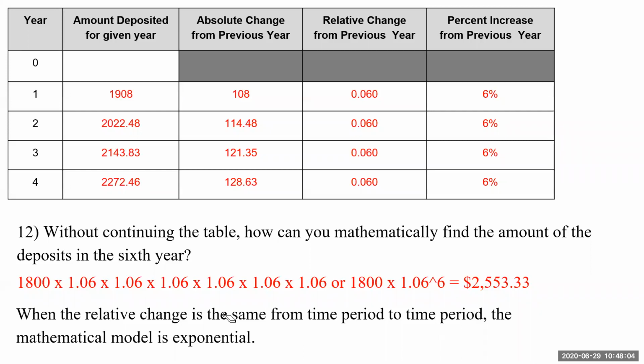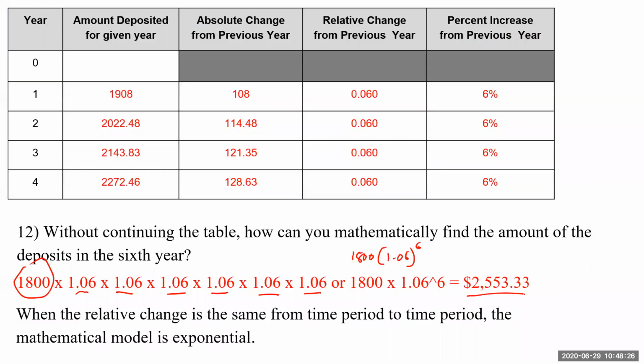Here, you just do 1.06, 6 times, multiplied by the initial amount. That can be simplified as 1800 times 1.06 exponent 6, and that will give you that, okay?